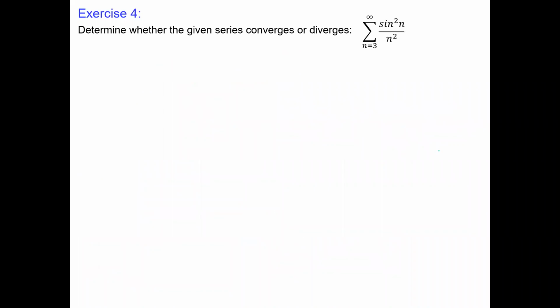Next one. Oh, trigonometric. Sine square of n over n squared. I can keep n squared, and sine of n, or sine squared of n, is never greater than 1, smaller or equal to, because we have the values of sine of n being 1. Perfect comparison. Let's speed up.